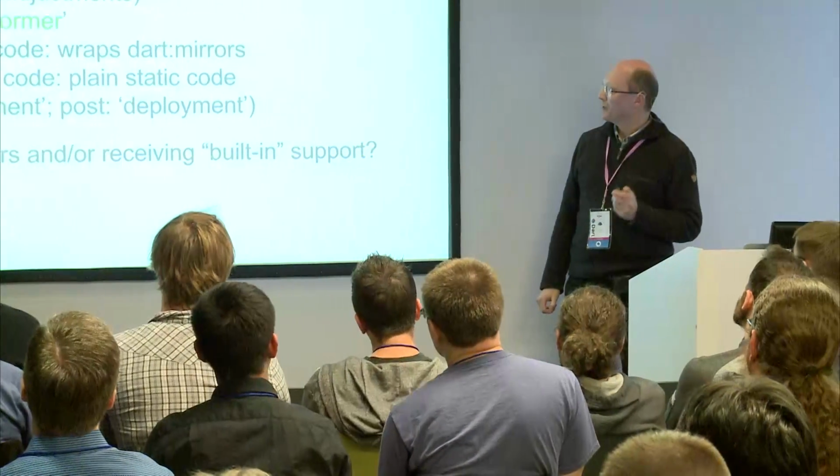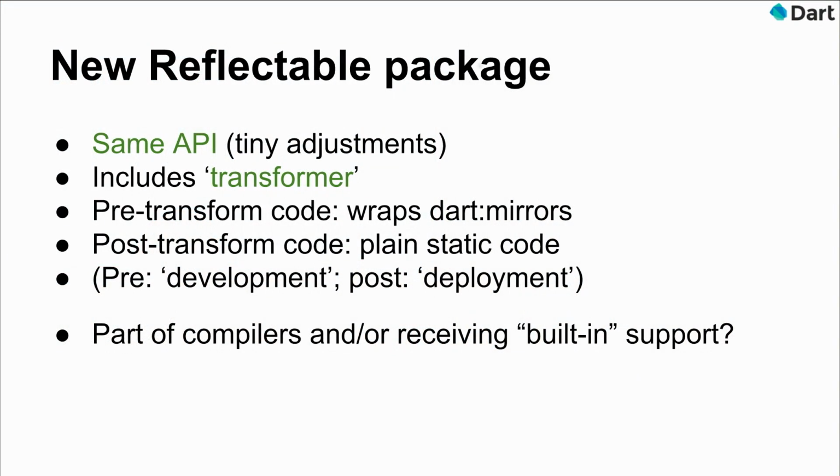Okay, so what we're doing with this new reflectable package is that we provide the same API. There are a couple of tiny differences where we wanted to make an experiment with the API. So for instance, if you call invoke in Dart::mirrors, you get a mirror. If you do this with reflectable, you get the actual object.